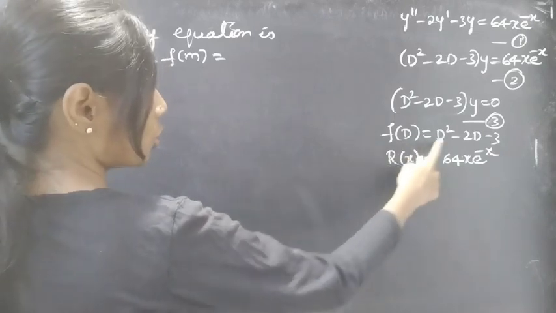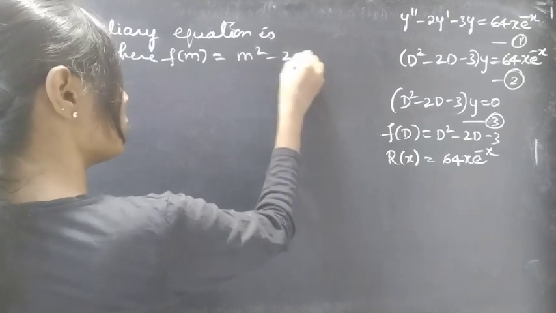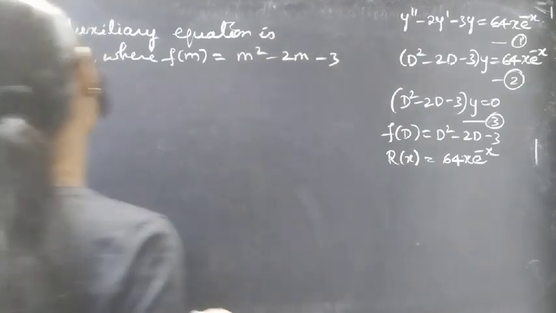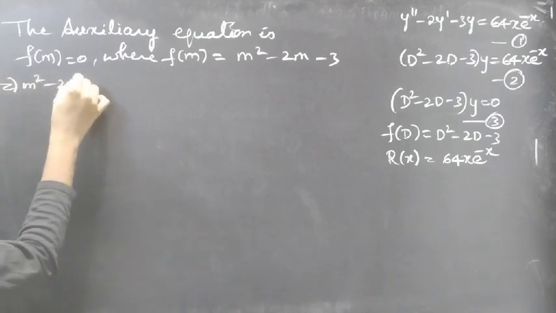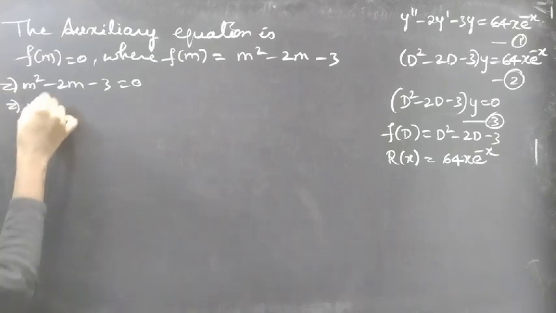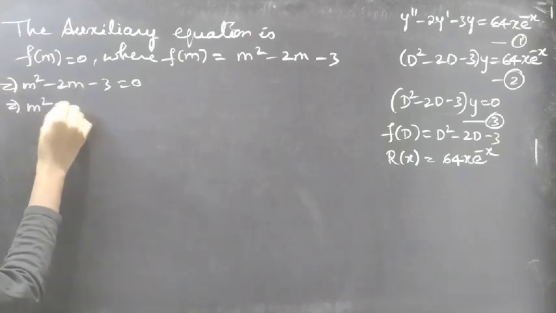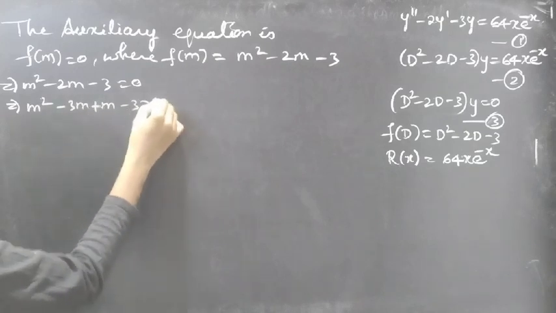Let's replace the differential operator D by m, so that we'll get f of m equal to m square minus 2m minus 3, and the auxiliary equation becomes m square minus 2m minus 3 equals 0. Now we need to find roots to this equation. We can write minus 2m as minus 3m plus m, so m square minus 3m plus m minus 3 equal to 0.